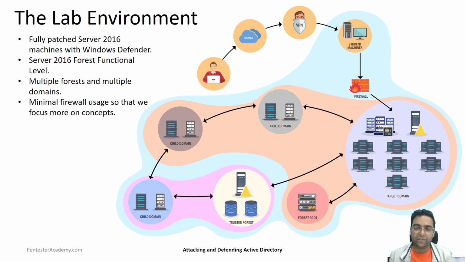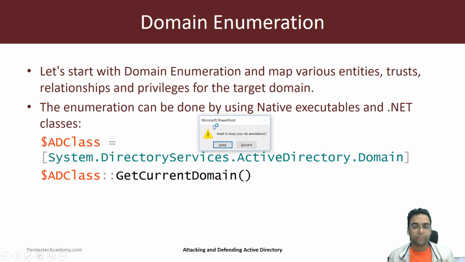This is a representative diagram of the lab. Depending on whether your lab is hosted on a cloud or a dedicated server, you may or may not need VPN credentials. So that is all in the course introduction, I believe.